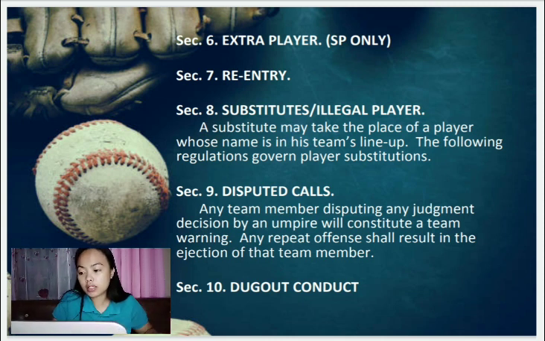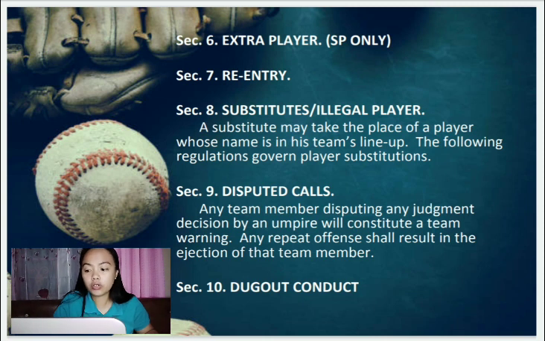Next is Section 7, the re-entry. For the re-entry, any of the starting players may be substituted and re-enter once, provided such players occupy the same batting position whenever they are in the lineup.